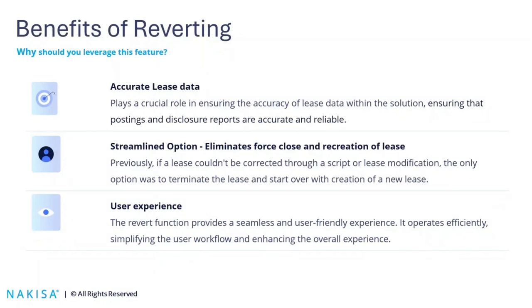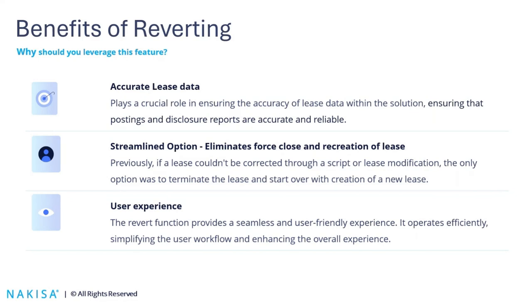So I'll start with the benefits of our revert functionality. The accurate lease data. The revert functionality ensures that all the data in the solution is accurate, which obviously gets reflected on our posting and disclosure reports, as well as it eliminates the option of foreclosing and recreation of leases.